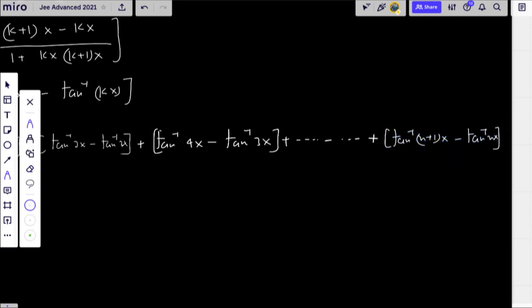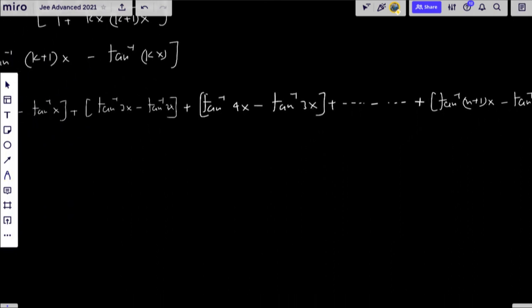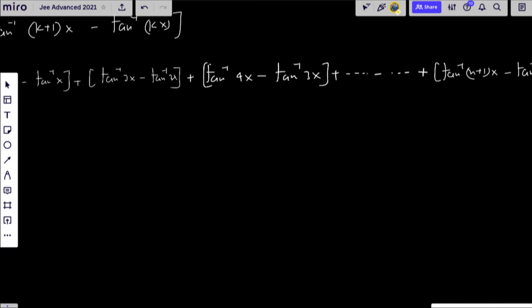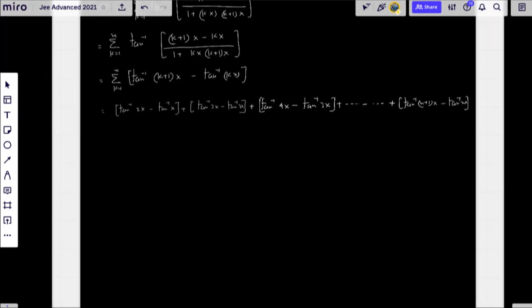Okay, so if you check by the V N method, then what term will be left and what term will be retained over here? You can see that the terms retained are only the first and last term. In the first term, the second part is minus tan inverse x, and in the last term, that is the first part.